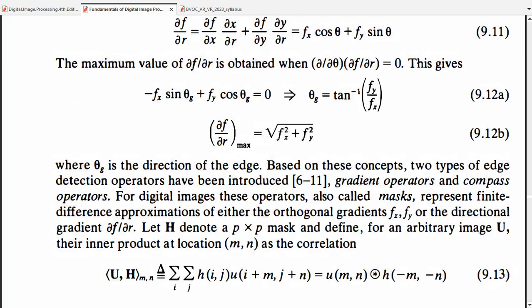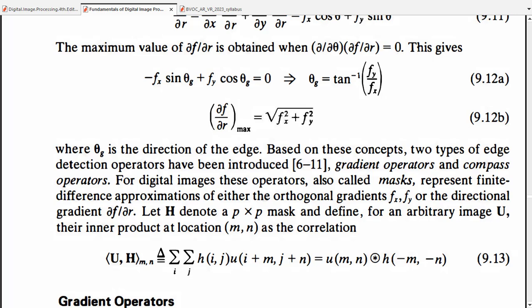Based on this concept, there are two types of edge operators: gradient operators and compass operators. In digital images these operators are also called masks, M-A-S-K-S, which represent finite difference approximations of either the orthogonal gradients fx, fy, or the directional gradient dou f by dou r.